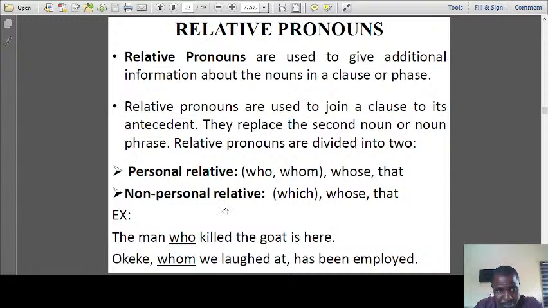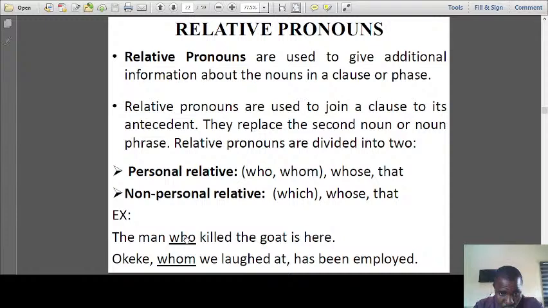Take note of that. Then the second example is "Okeke, whom we laugh at, has been employed." Also, when we proceed further, you know there is a difference. This "whom" is standing for the object case pronoun. "Who" is standing for the subject case pronoun.